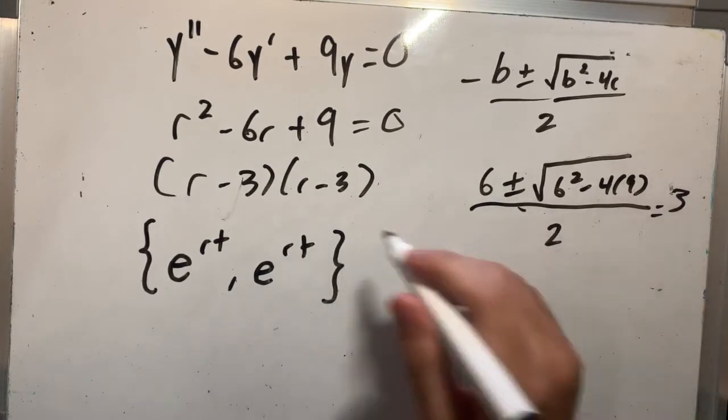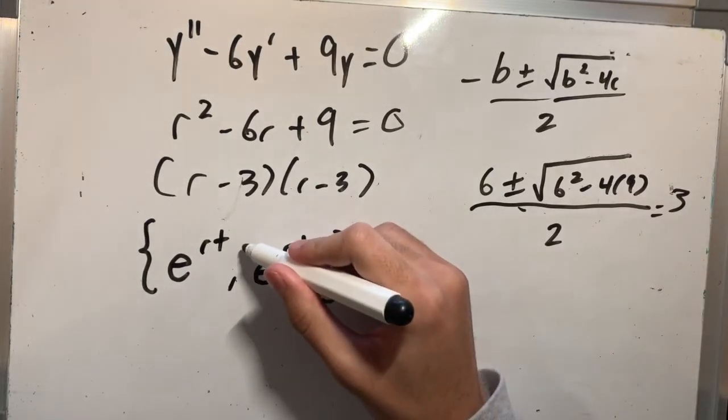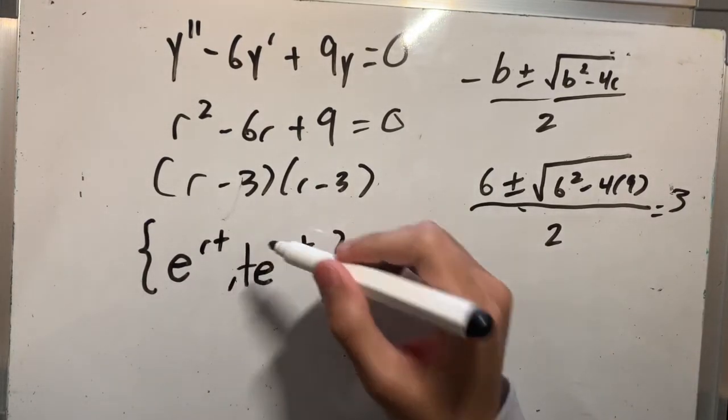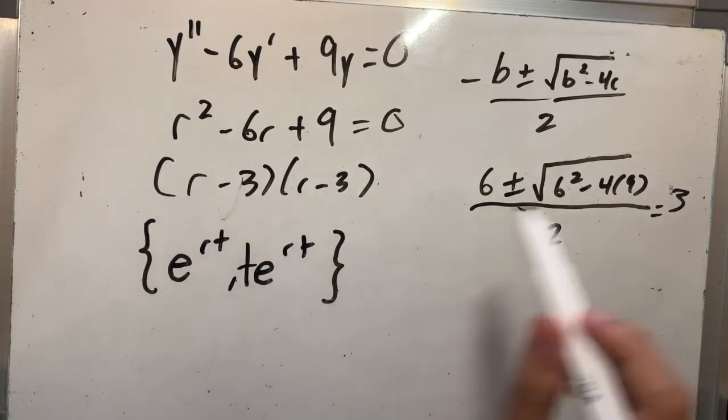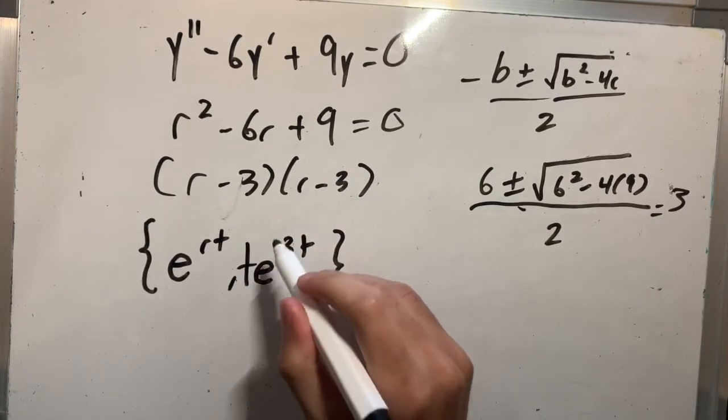This is if they're two different roots. Since we have two of the same roots, it would be like this. Same thing, now we just put 3 in both our r's. So the answer to this equation would be this.